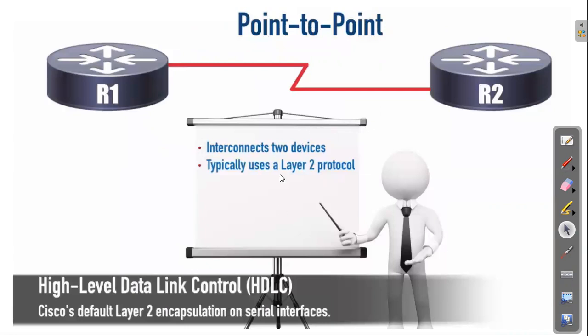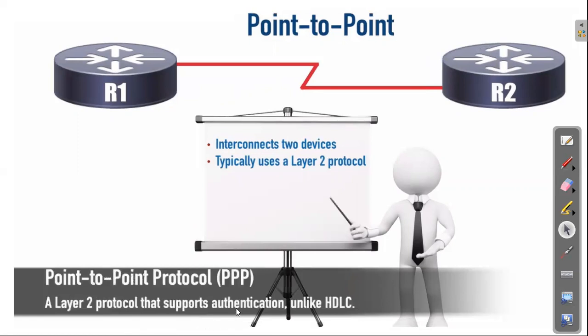Okay, next. You can see point to point. What is point to point? It interconnects two devices, only two devices. Typically uses a layer 2 protocol. Here, point to point always uses a layer 2 protocol. To send traffic from here to here, it needs a MAC address table. This is HDLC, High-Level Data Link Control, Cisco's default layer 2 encapsulation on serial ports.